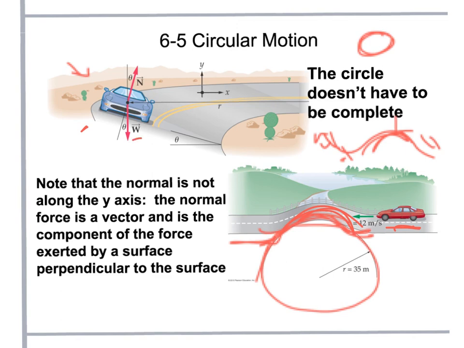So when we're going around this bank, we start out with our x and y coordinates right here, and the normal force is perpendicular to the surface on which the object resides. So the object is the car and the surface is the road. So this normal force has to be perpendicular.